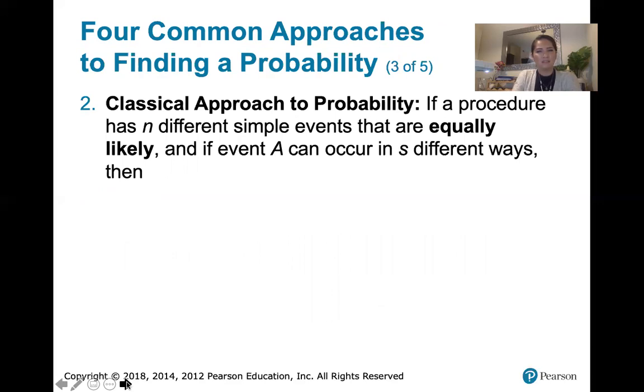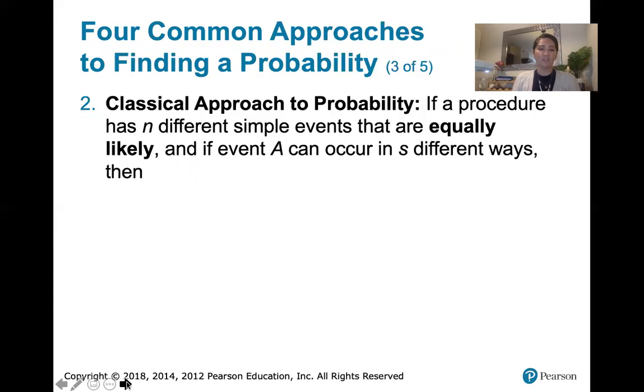This is dealing with the case that you have a procedure and there are n different simple events that are equally likely as possible outcomes. So you know what that procedure is, you find the sample space, and it consists of n different simple events.